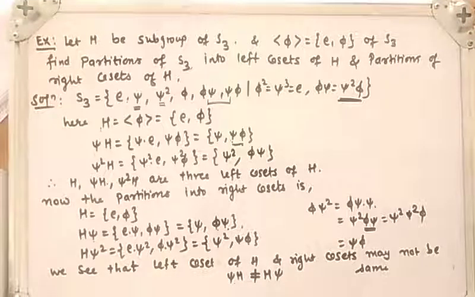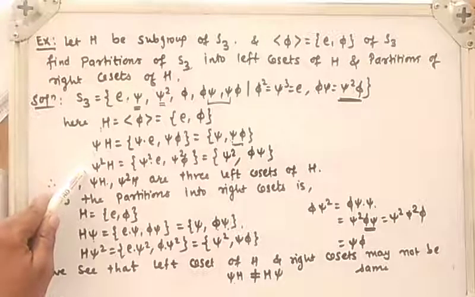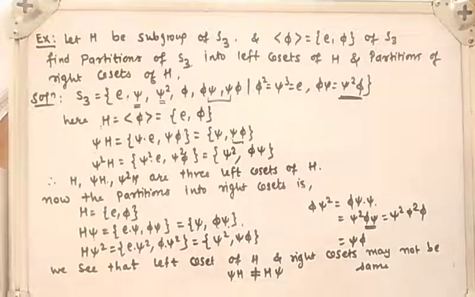And so what are the left cosets of H containing psi square? H, psi H, psi square H are the three left cosets, and H, H psi, H psi square are the three right cosets.